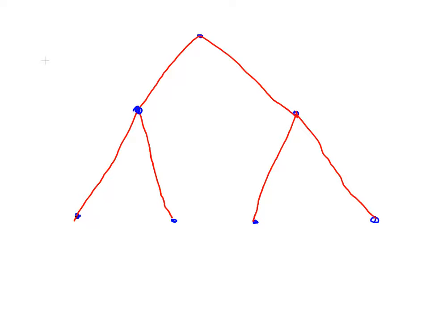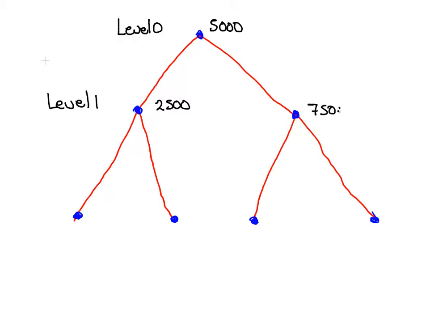What we have to do is indicate properly which is at each level. So we have level 0, which is up here, and that's node number 5,000. This is level 1. That's node number 2,500, and this is node number 7,500.